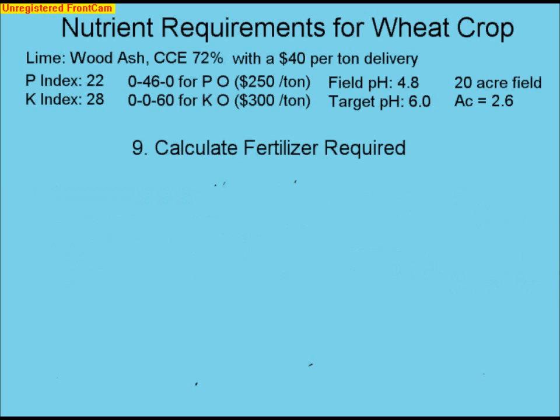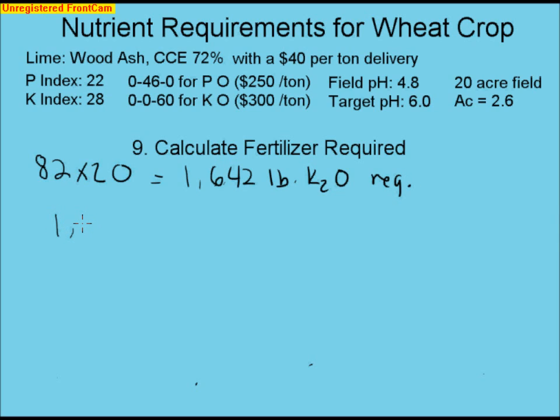Now that we know that, we can calculate the total amount of fertilizer required. So in this case, we had 82 pounds per acre times 20 acres is 1,642 pounds of K2O required.